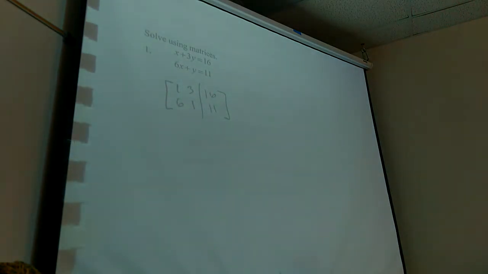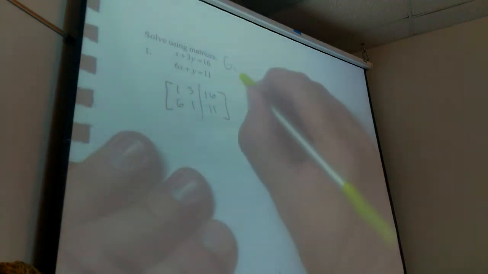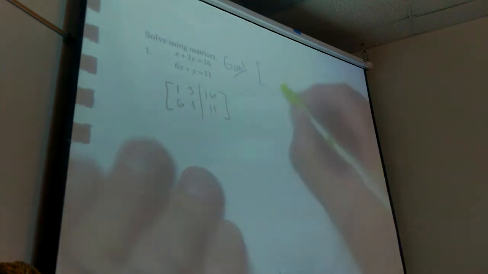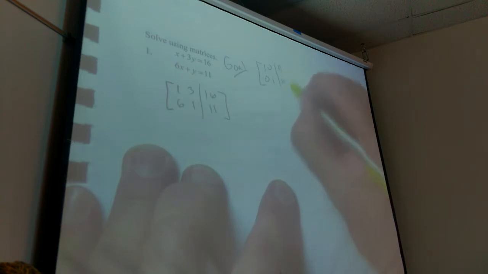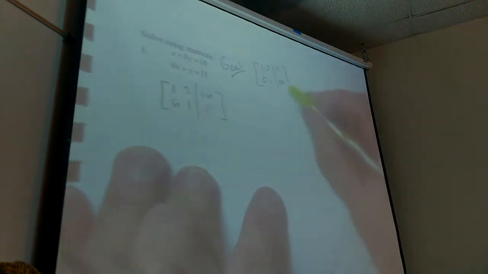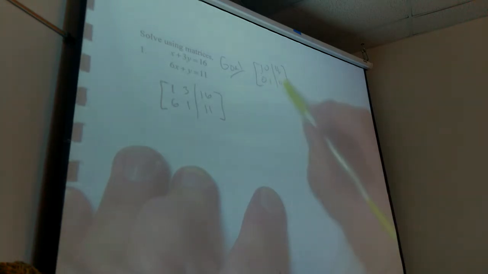Okay. What do you think my goal is going to be? 1001. Good. 1001 with whatever the numbers are here. That's my goal. Why is that my goal? Because then I know what X is and I know what Y is.